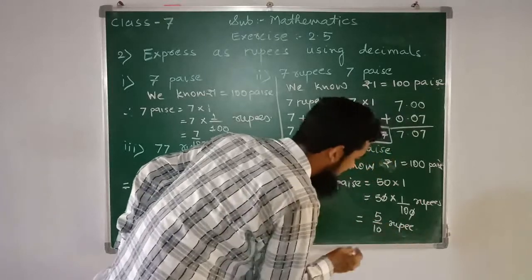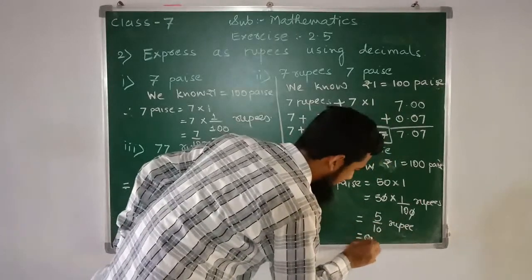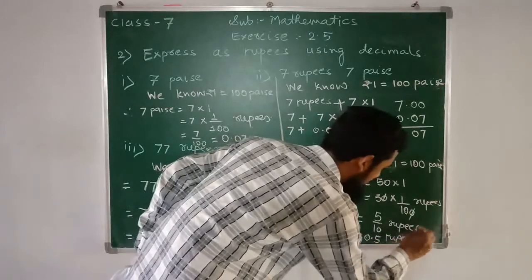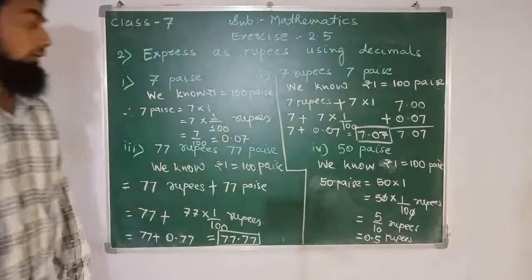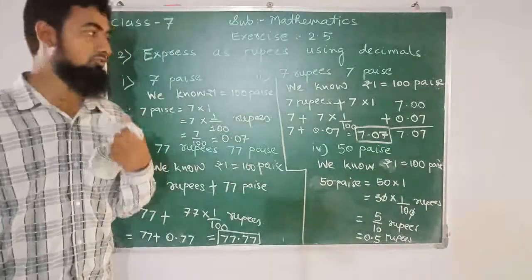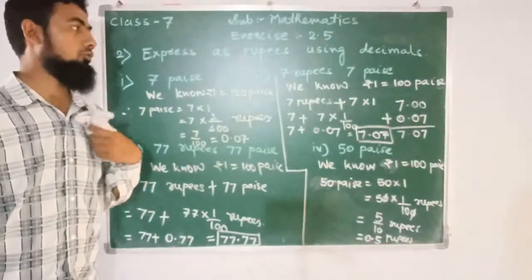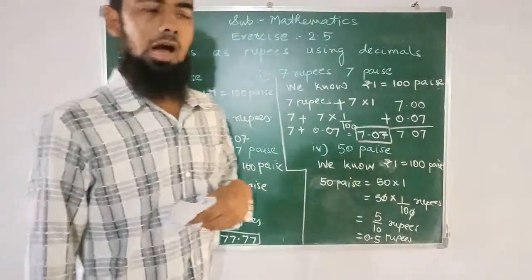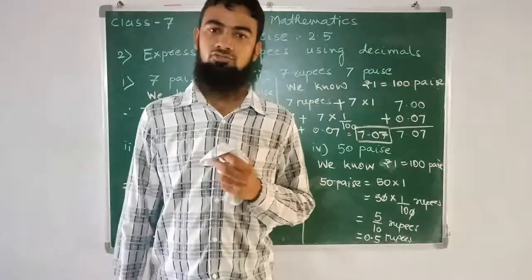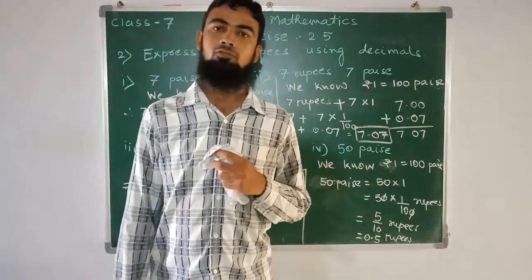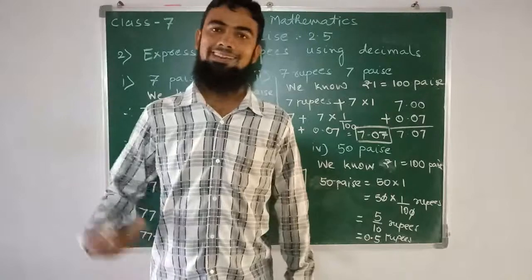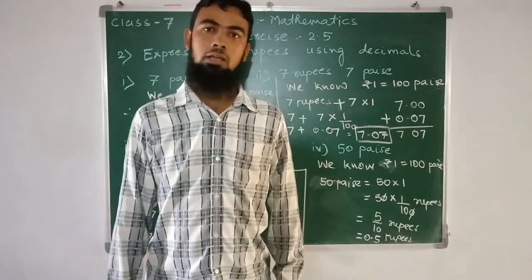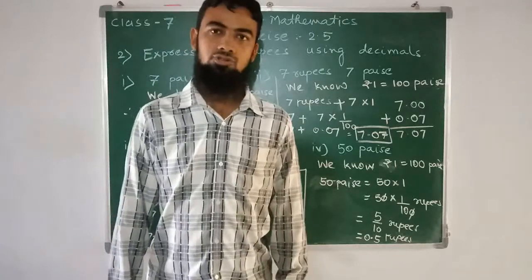We are putting point after 1 digit, so 0.5 rupees. Clear? So here, my dear students, I have completed all 4 questions, and last question you have to do by yourself. Today we have discussed only 2 questions. Okay, remaining questions we will discuss in the next part, in the next video very soon. Have a nice day. Thank you very much. Allah Hafiz.